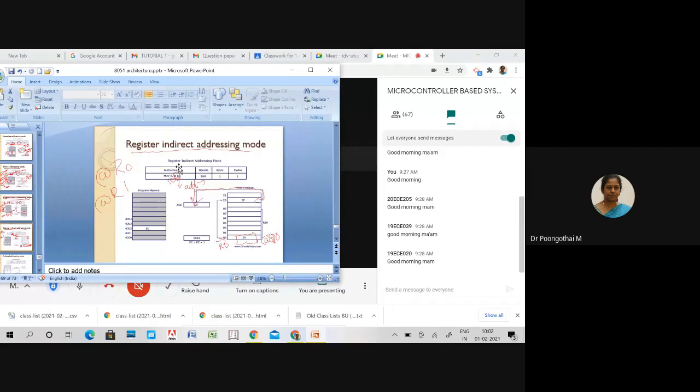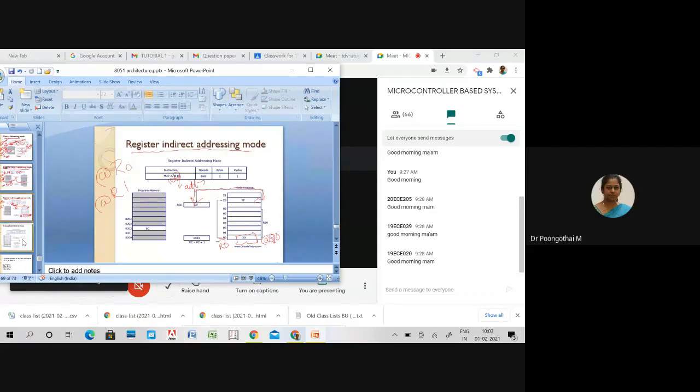So we are trying to access the data pointed to by R0, and that data should be transferred to the accumulator. So we have three memory pointers for accessing data. DPTR is used to access external memory data elements, and R0, R1 are used to access internal RAM memory location contents. Is that clear?